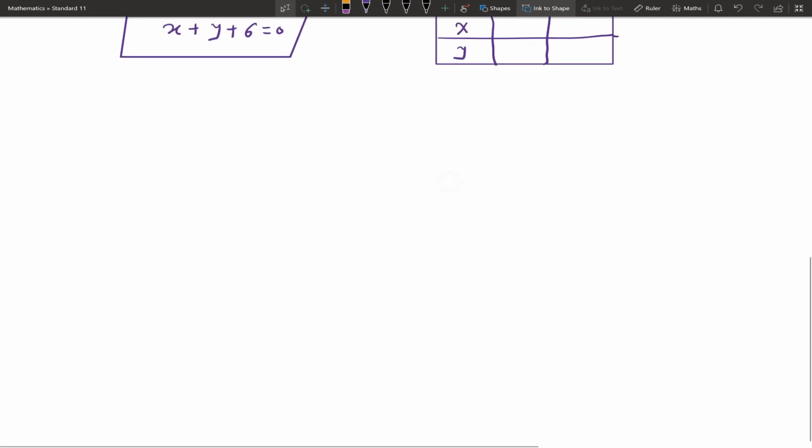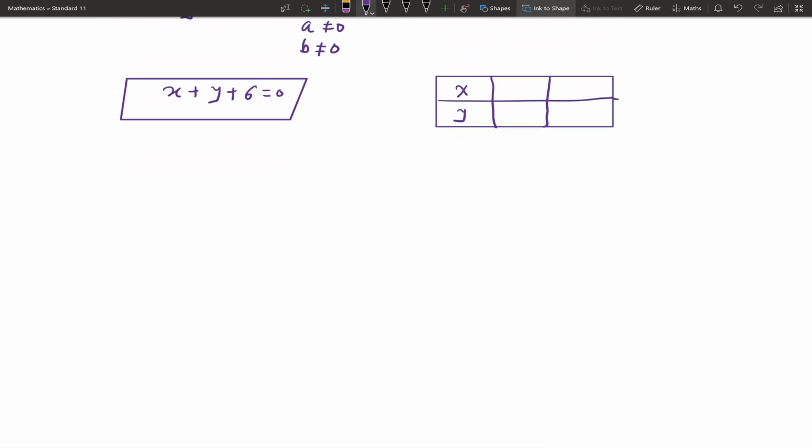If you take any point on the x-axis, its y coordinate will be 0. We are discussing how to draw the line x plus y plus 6 equal to 0. Put y equal to 0, so x plus 6 equal to 0, and therefore x equal to minus 6. Similarly, if we take x equal to 0, then y will be minus 6.